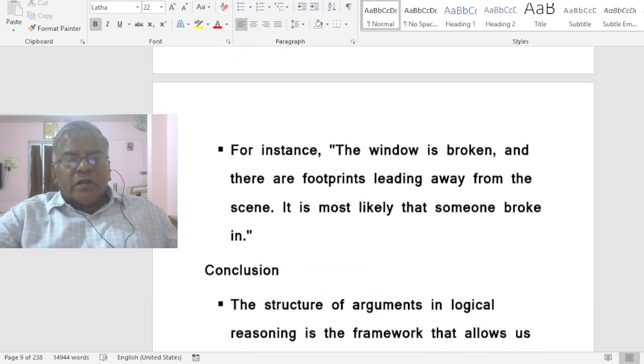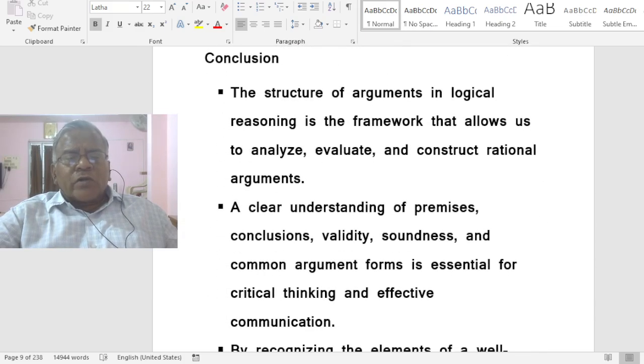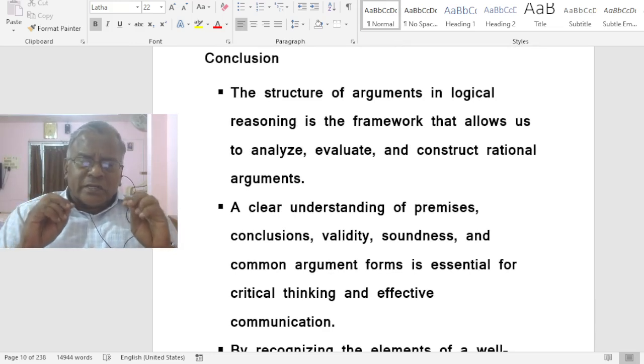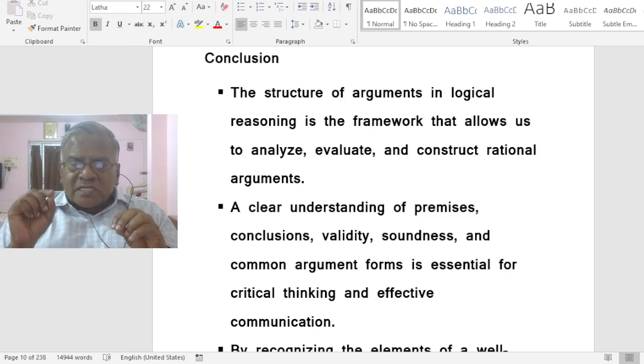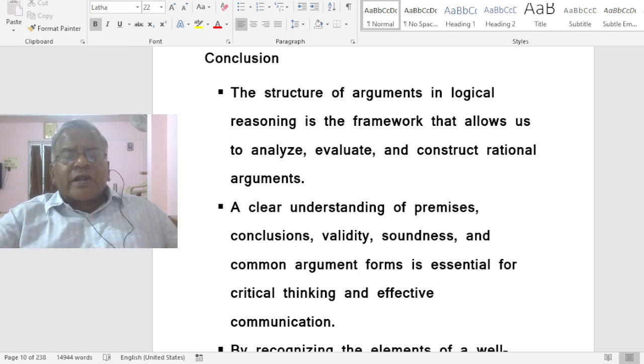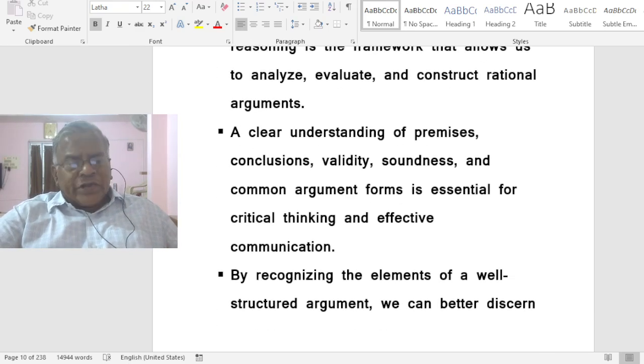As concluding remarks, we can say the structure of arguments in logical reasoning is the framework that allows us to analyze, evaluate, and construct rational arguments. A clear understanding of premises, conclusions, validity, soundness, and common argument forms is essential for critical thinking and effective communication.